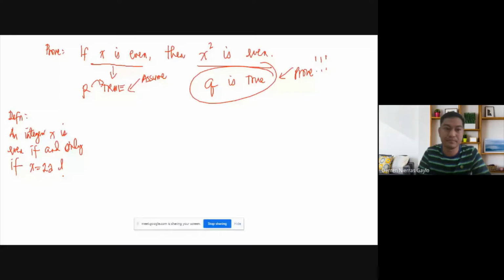An integer x is even if and only if x is equal to 2a for some integer a.